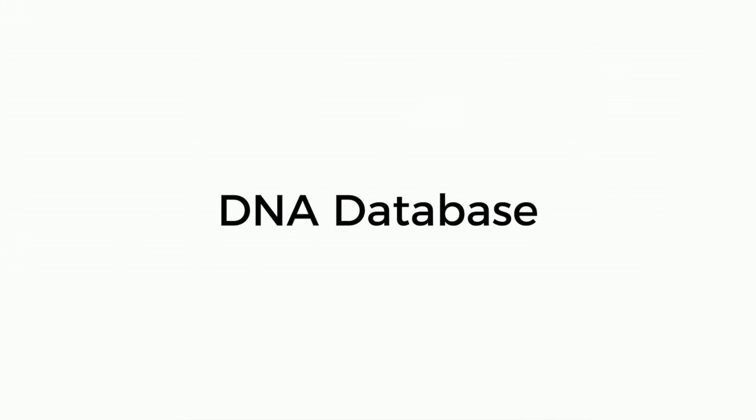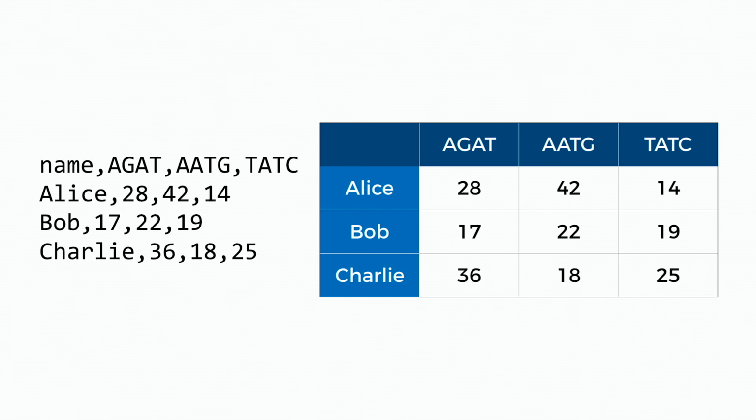Your task in this problem is going to be to do something similar. We're going to give you a DNA database of your very own, formatted as a CSV file, where each row is going to correspond to a person, and each column is going to correspond to a particular STR, a particular sequence of DNA that repeats some number of times. We can take this CSV file, or comma-separated value file, and format it as a table in order to read it a little more easily.